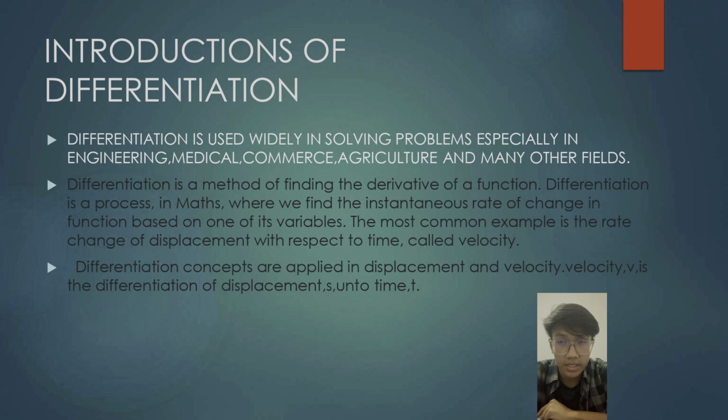Differentiation is a process in math where we find the instantaneous rate of change in a function based on one of its variables. The most common example is the rate of change of displacement with respect to time, called velocity.